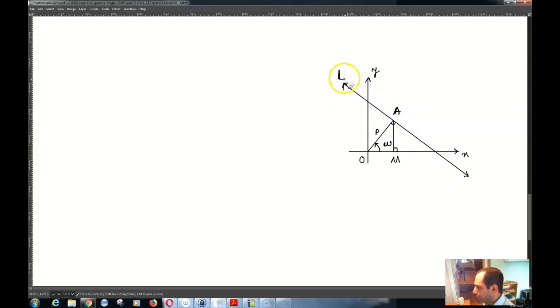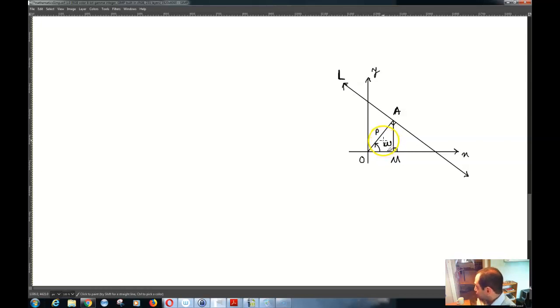Let's suppose the line we want to find the equation of is L. The perpendicular distance of this line from the origin is P, which is equal to OA, and the angle between the positive x-axis and OA is omega.